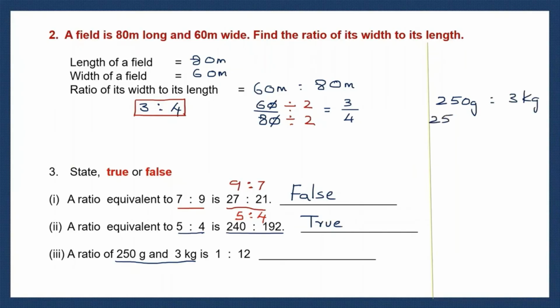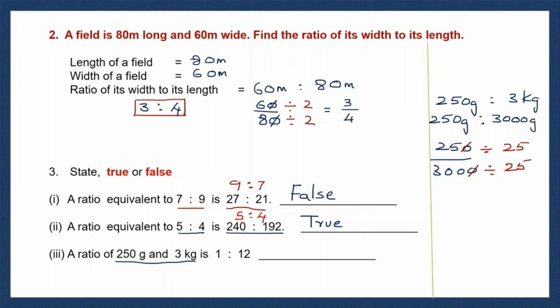So 250 grams, we'll leave it as it is. 3 kilograms, we can make it 3000 grams. Now let's divide 250 and 3000, put it in the fraction form, cancel whatever you can, and now divide with a common factor. We can divide both by 25 itself.